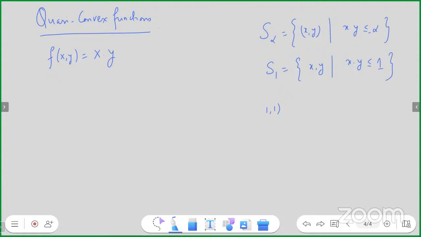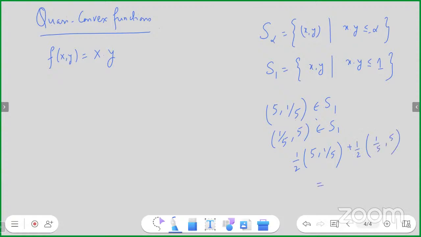The midpoint is what? Tell me that. You take half of this: half times 5 comma 1 by 5, plus half of 1 by 5 comma 5. So what is this? 2.6 comma 2.6.